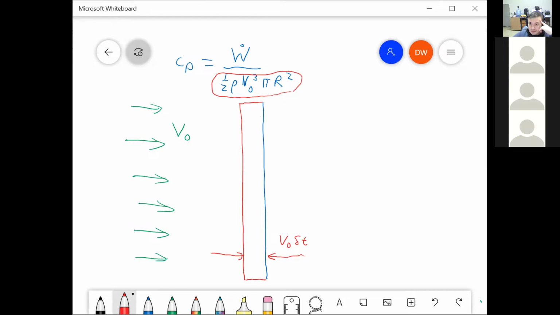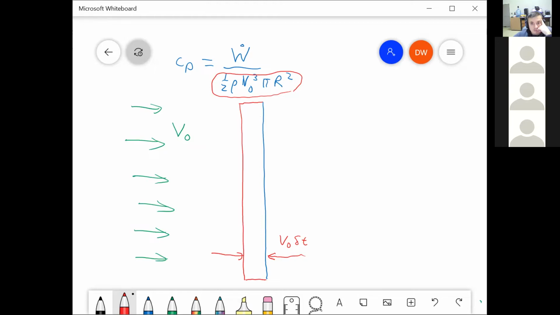The interpretation of it is very simple. Imagine we have wind blowing from the left to the right with a speed of V0, and this blue line that I've drawn on the page here is meant to represent a side view of the actuator disc representing a wind turbine.